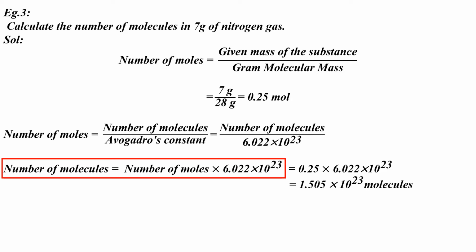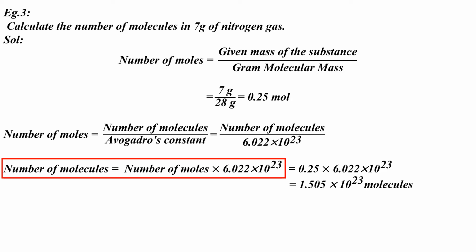Now, in the next step, we must find out the number of molecules. In the first step, after finding the number of moles, we move on to the second step. In this, we must find out the number of molecules using the formula number of molecules equal to number of moles into 6.022 into 10 power 23, which is nothing but Avogadro's constant. And what is the value we obtained for the number of moles?